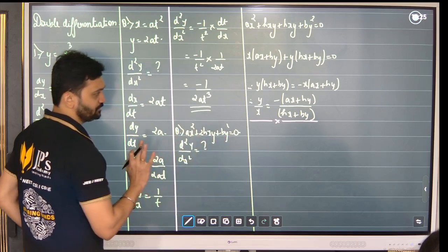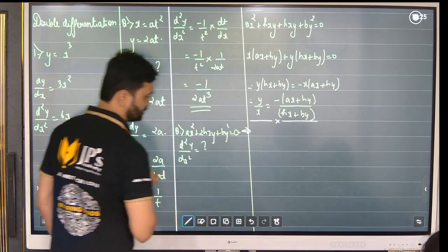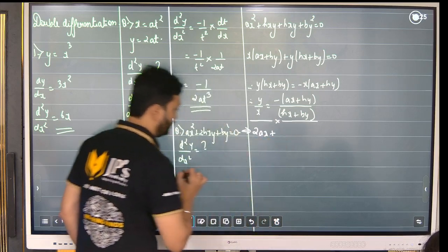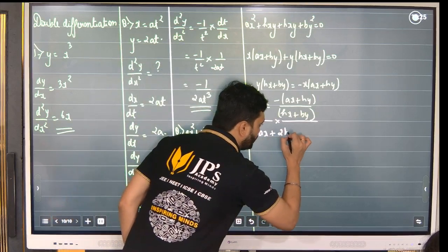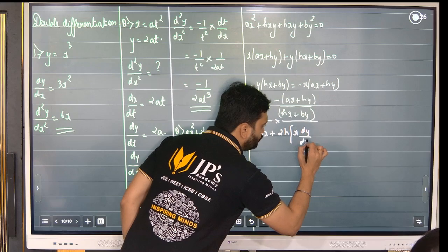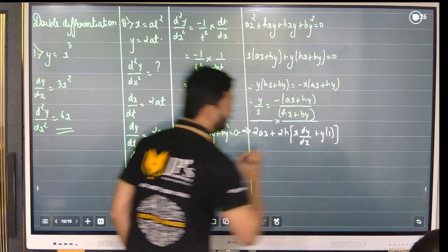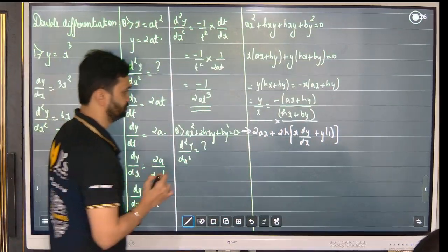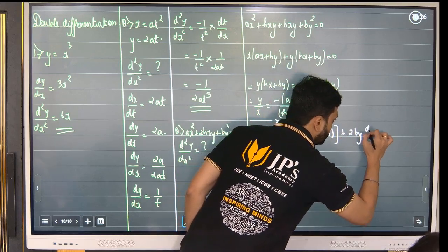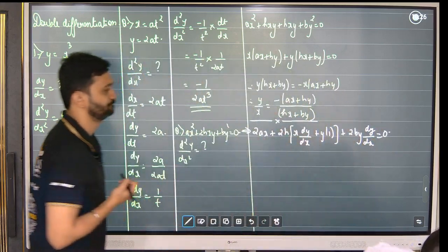This I am going to differentiate now. Okay? Exactly here I am going to differentiate. So its derivative will become 2ax plus 2h, first term into derivative of second term plus second term into derivative of first term, plus 2by dy by dx is equal to 0.